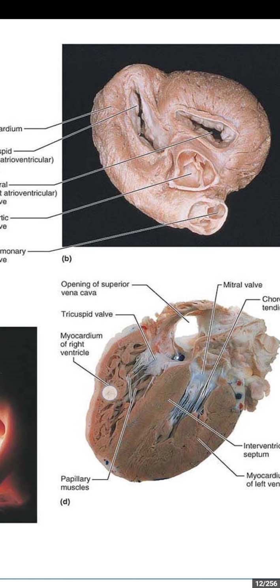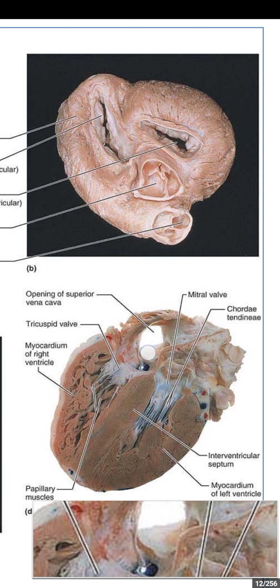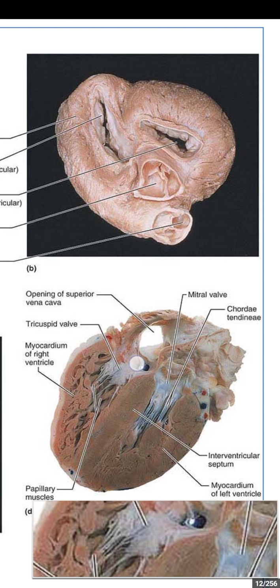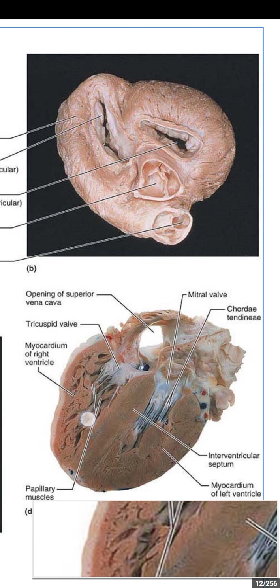The myocardium is seen here in the right ventricle. The superior vena cava collects blood from the body, the systemic circulation, and it enters through the tricuspid valve, from the right atrium to the right ventricle.